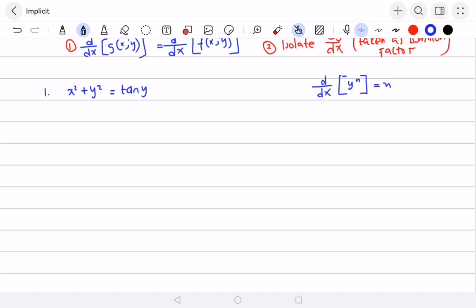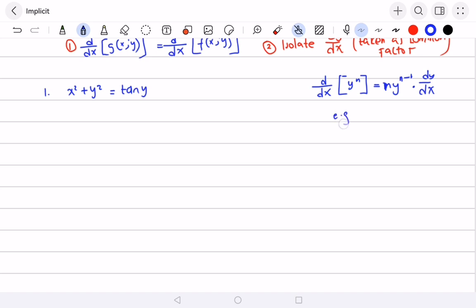So you take the power rule: n y to the n minus 1, then multiply by dy over dx. This is very, very important.